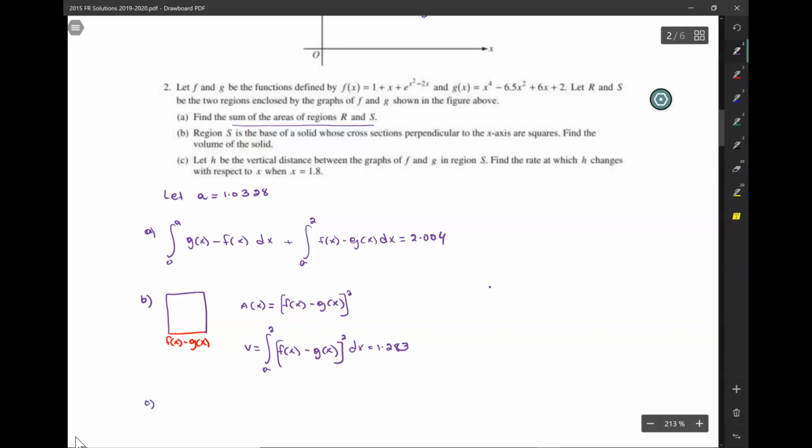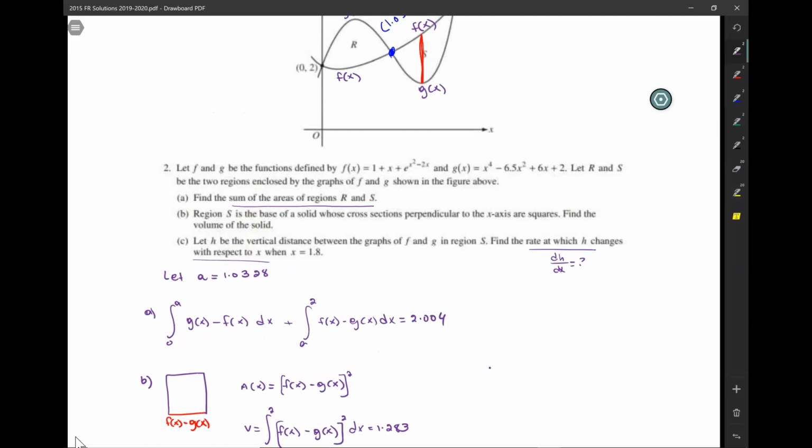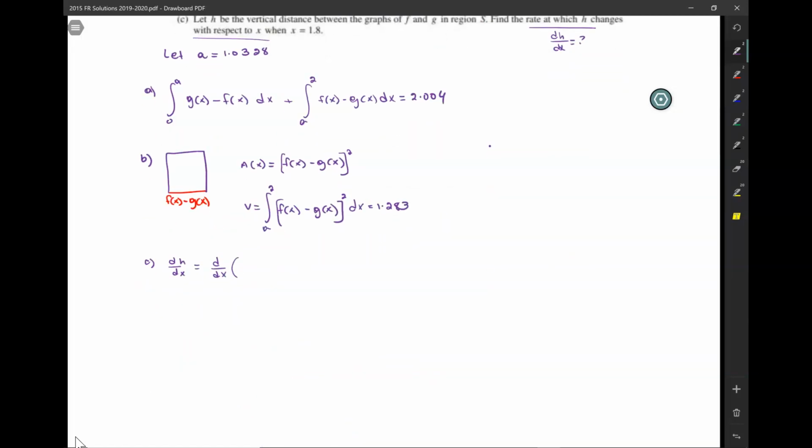So C, what I want is the rate of H with respect to X. So what I'm looking for is dH/dx. They said H was the vertical distance between F and G in region S. We already found that. It's f of x minus g of x.